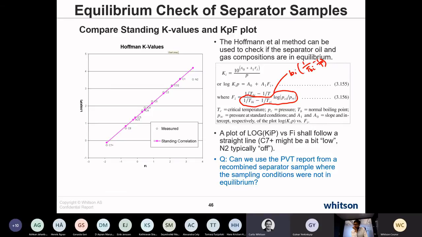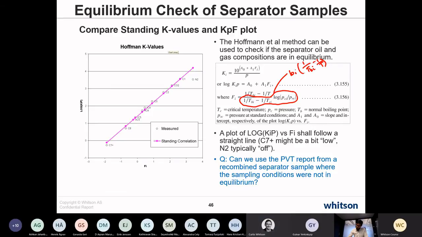In other words, you do the physical recombination and equilibrate it at separator conditions. You create your own separator in the laboratory and get the compositions of that equilibrium gas and equilibrium oil at separator conditions. That should give you accurate separator gas and separator oil, known to be in equilibrium.